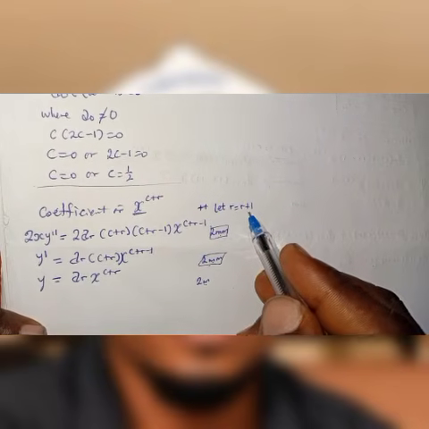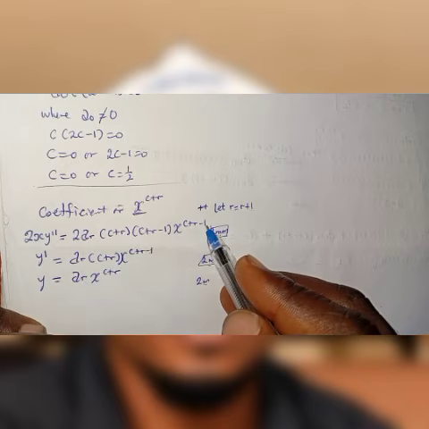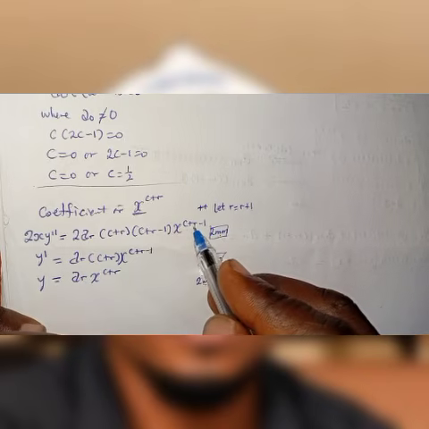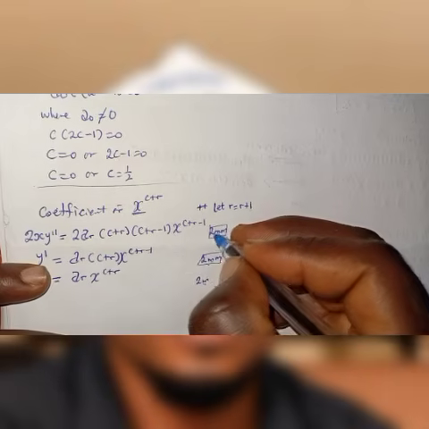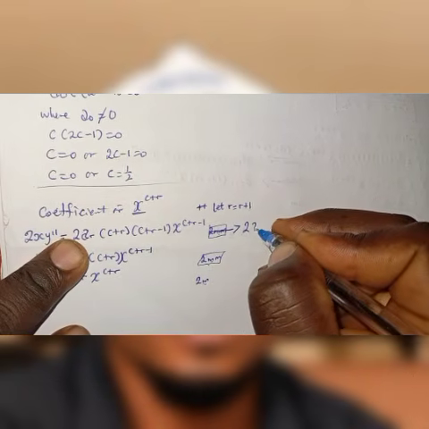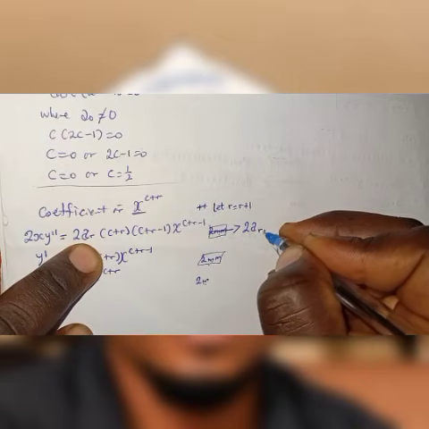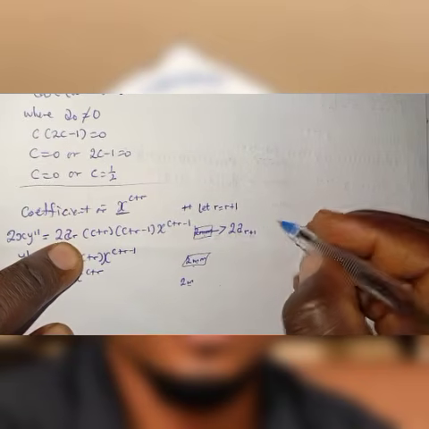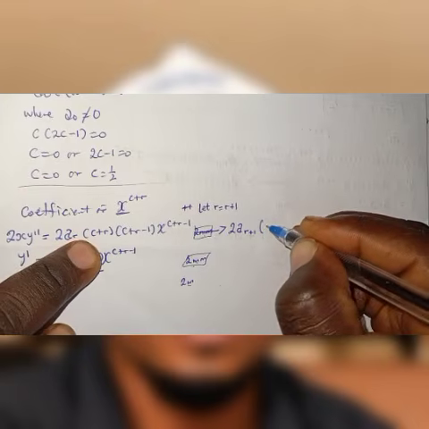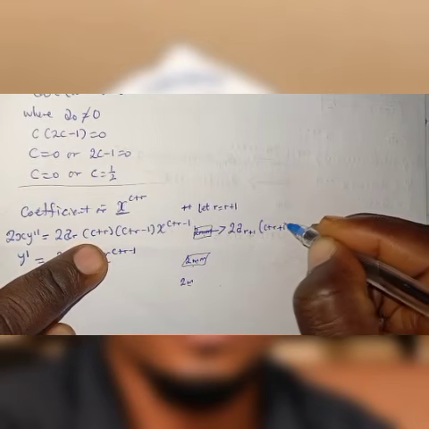You know, if r is r plus 1, if I put it here, my r is only 1 that I want to cancel. And if r is r plus 1, r will still remain. So I hope we get the logic. So from here, we're going to have 2. There is r here. Anywhere you see r, you're going to put r plus 1. Now, the next one, we have c plus r. There is r here, so that will be r plus 1.